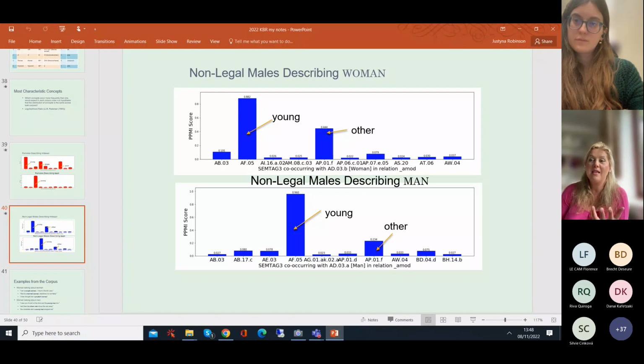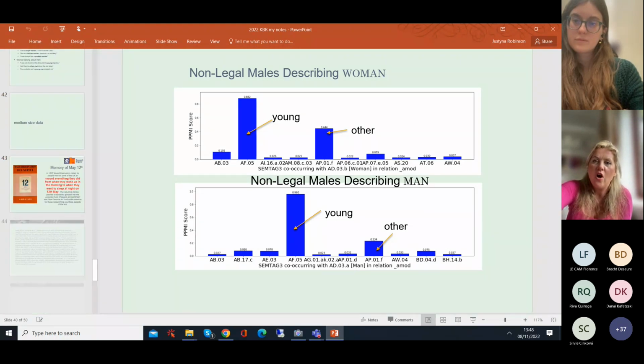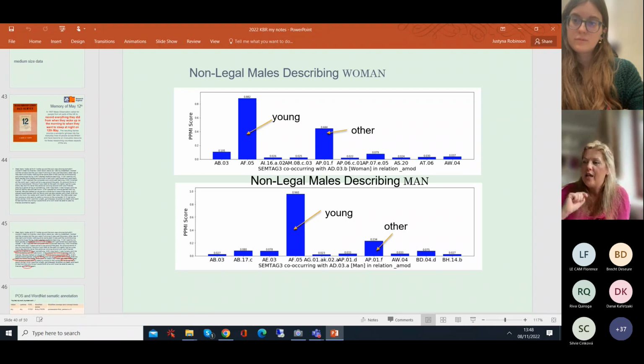When they were describing a man, they were also using young and other, so there was not that much variation. But we've seen that the same concept could be described differently depending on who was using it, a man or a woman. So there was a little bit of sociolinguistic variation there as well.